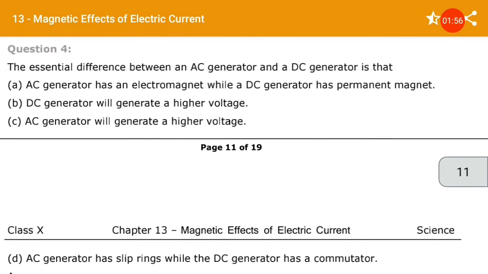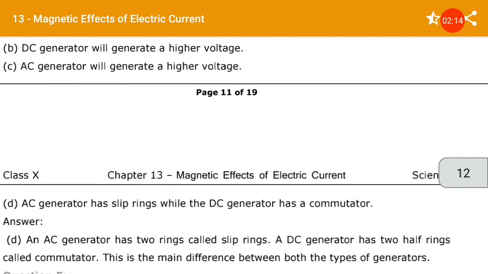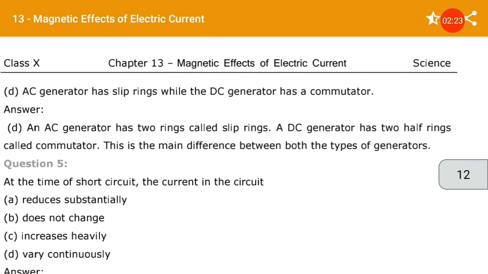Question number 4. The essential difference between an AC generator and a DC generator is. The answer is D. An AC generator has slip rings while the DC generator has a commutator.